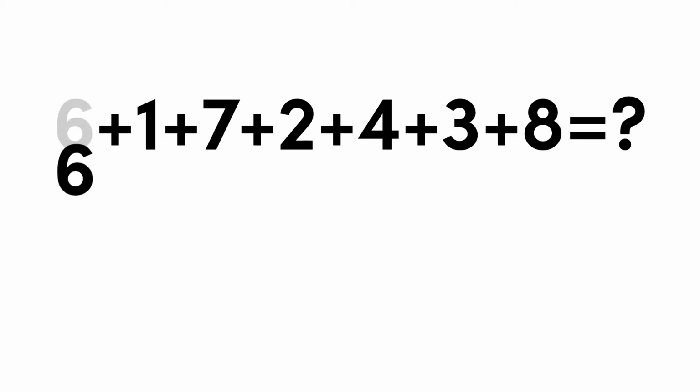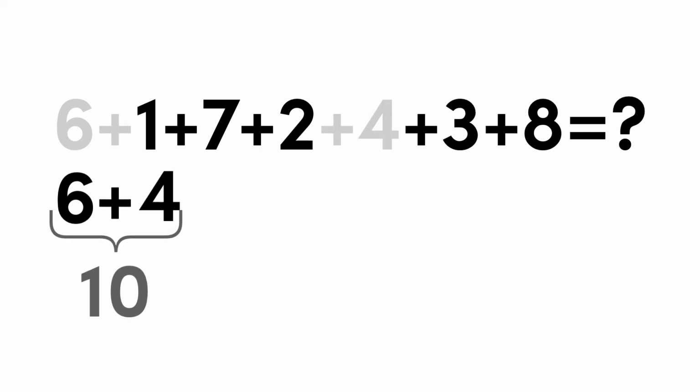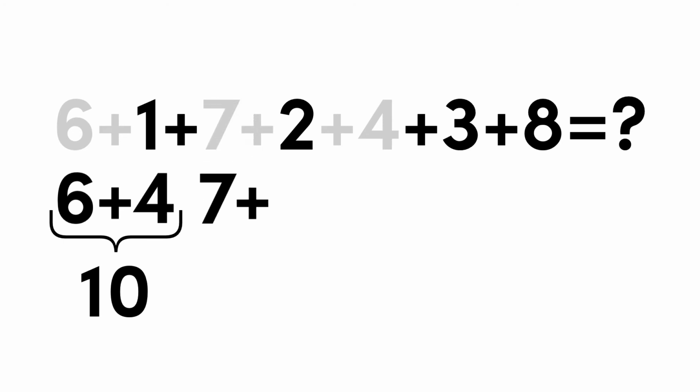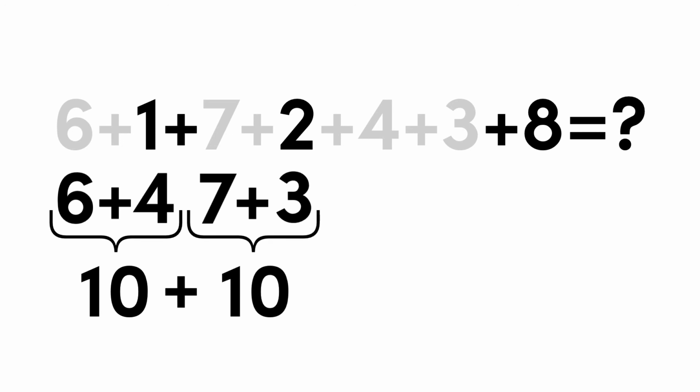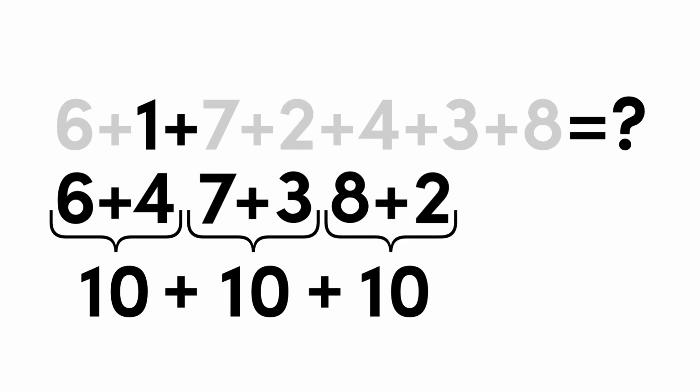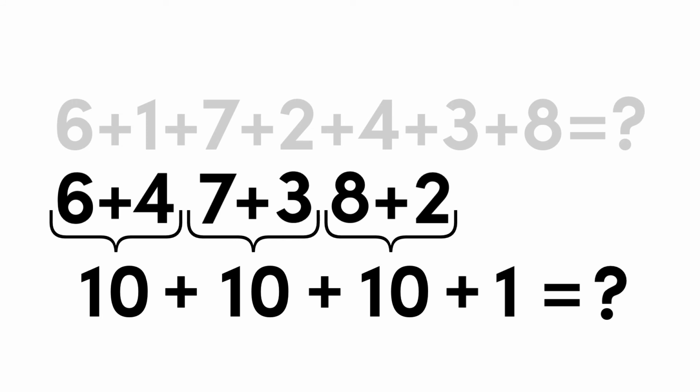For example, you can take a 6, and then we need 4, and we get 10, and then we can take 7, and we would need 3 to get another 10, and then we can take the 8, and of course we need 2, and now we have another 10, and there's just the 1 left, so let's add that. And as you can see, now it's very easy to add this. 3 tens is 30, and then add 1, so you have 31.